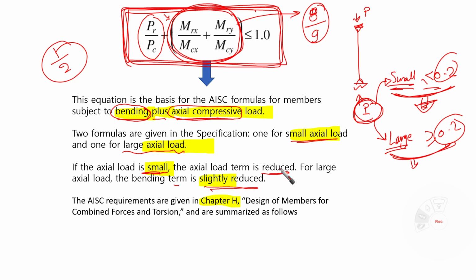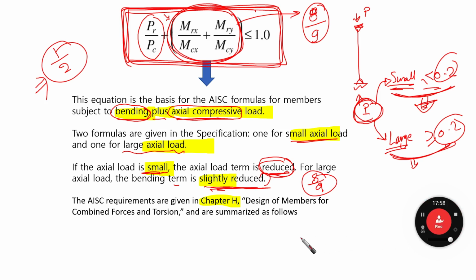So take care here: for small axial load we reduce significantly, almost half; we are going to multiply by half. But for large axial load, the bending term is slightly reduced, which means that we're going to use 8/9. Only around 89% of the bending term is going to be used.